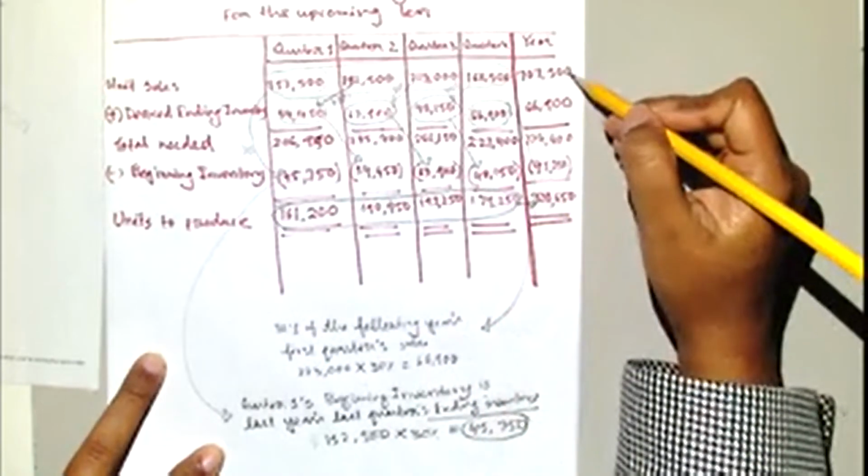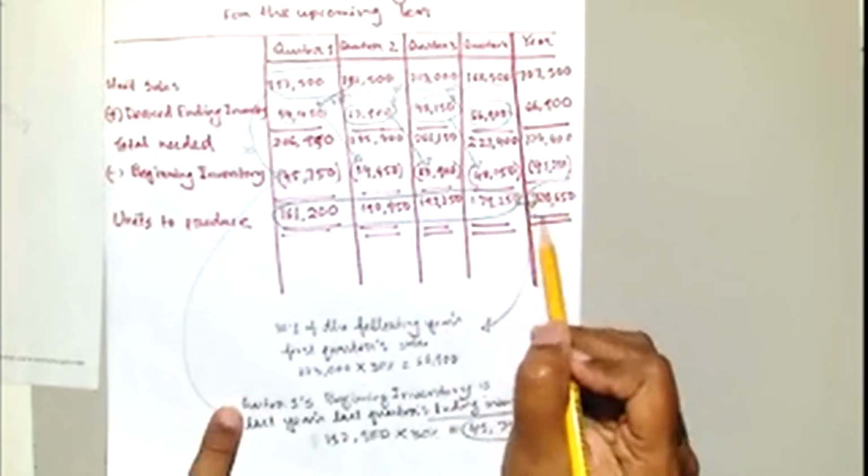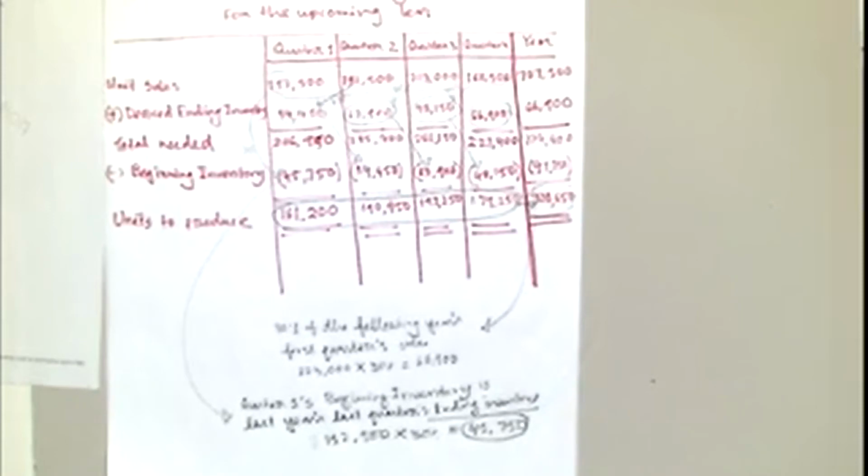So we are kind of doing vertical addition and horizontal addition just to double check that your grand total is 728, 650. So again, if you do like this, you will get the number. But it's always better if you double check it. Add across columns, you will get this number.